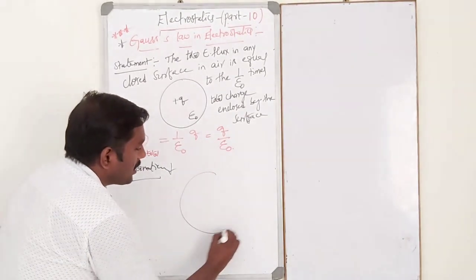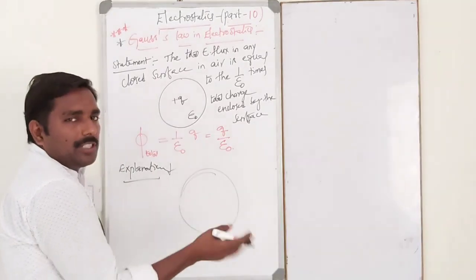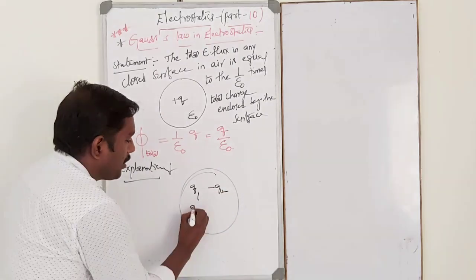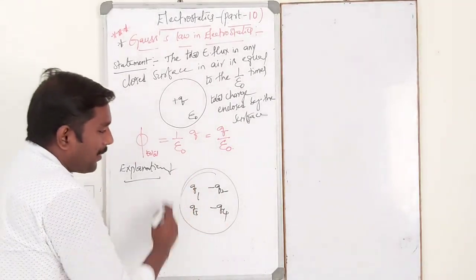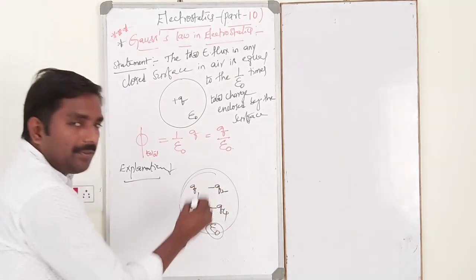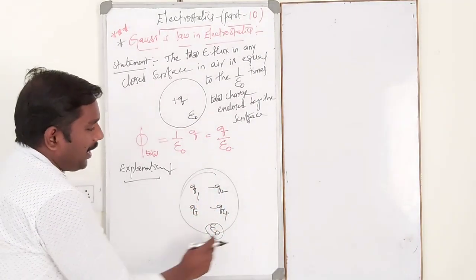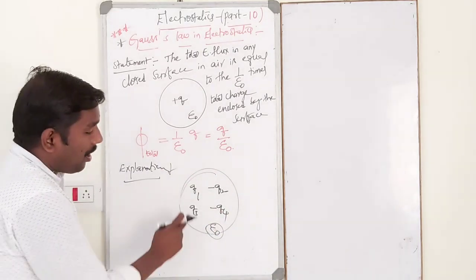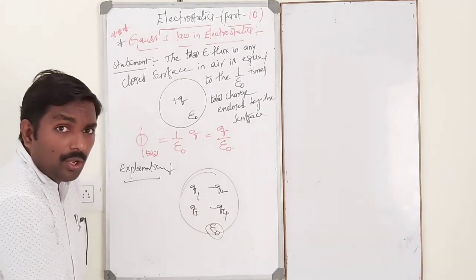Suppose, dear student, this is the surface. Inside the surface, 4 charges are there: Q1, minus Q2, Q3, minus Q4, placed in a vacuum or air. Epsilon naught is the permittivity of free space or vacuum. Let us consider a spherical surface. How many charges are there? 4 charges: Q1, minus Q2, Q3, minus Q4.